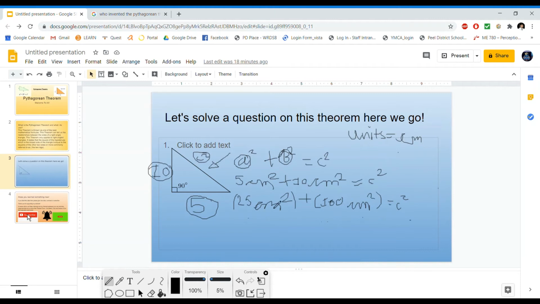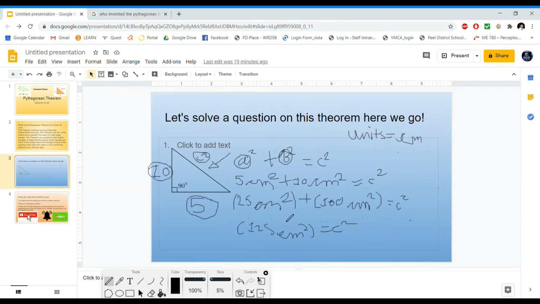100 centimeters squared plus 25 centimeters squared is 125 centimeters squared. So let's write 125 centimeters squared, and then we can write equals c squared, because we added this. Now we get to the part where we have to do the square root.